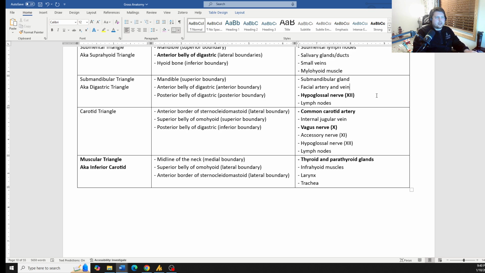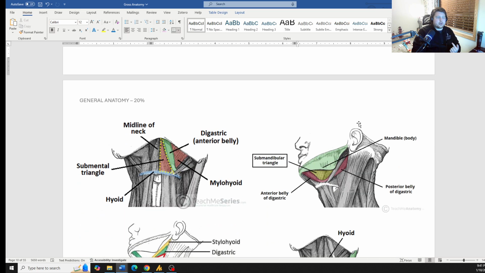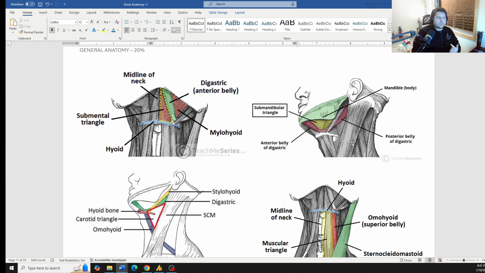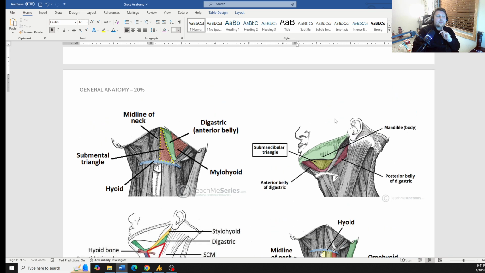Biggest one here, we're going to look at the hypoglossal nerve, because this is a super important nerve. If we stop and think about the hypoglossal nerve, it does a lot of the innervation of the mouth, of the tongue, but it also goes and connects to the carotid body. If you remember, the carotid body is located where the common carotid artery splits into the internal and external carotid down in the neck.